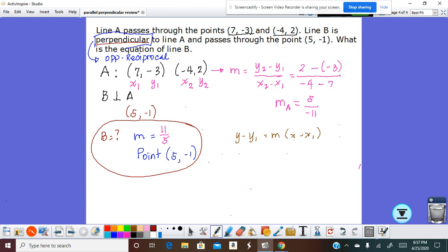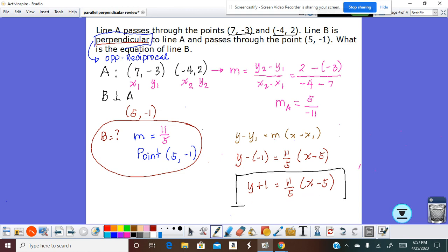So we plug in y - y1, which is -1, equals m, which is 11/5, times x - x1, where x1 is 5. Two negatives will make it positive. So we have y + 1 = 11/5(x - 5). And this is the equation of line B.